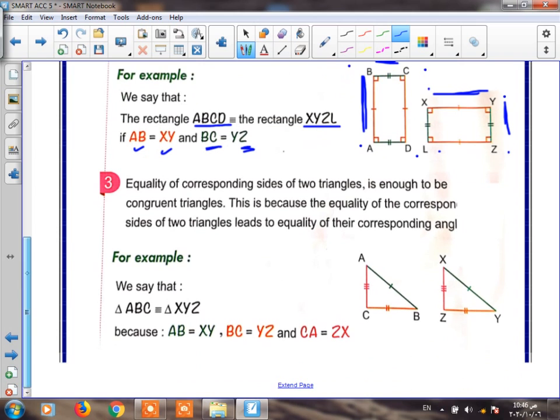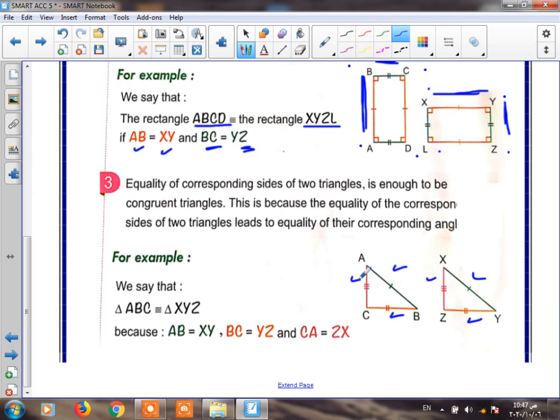Number 3: equality of corresponding sides of two triangles. How can I say that two triangles are congruent? It is enough that the corresponding sides are equal, because equality of corresponding sides of two triangles leads to equality in their corresponding angles. If AB equals XY, YZ equals CB, and XZ equals AC, that means the two triangles are congruent.